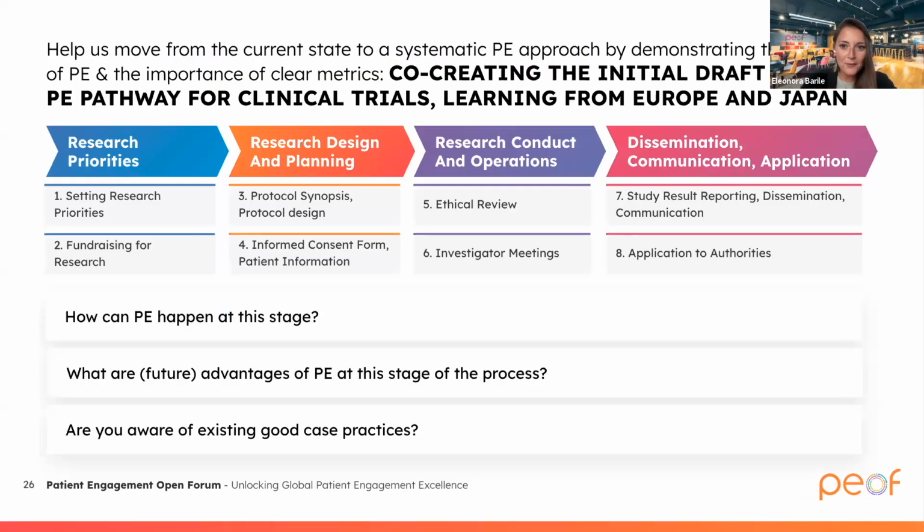And together with a couple of speakers for each group, we will look into how patient engagement can happen at that specific stage. What is the advantage that you see for patient engagement, either current or future advantages? What is the long-term impact that patient engagement can have if it happens in that specific stage of the clinical trials pathway? And if you're aware of any existing good case practices, we would love to hear them from you.